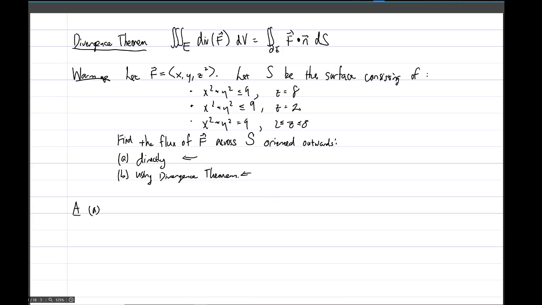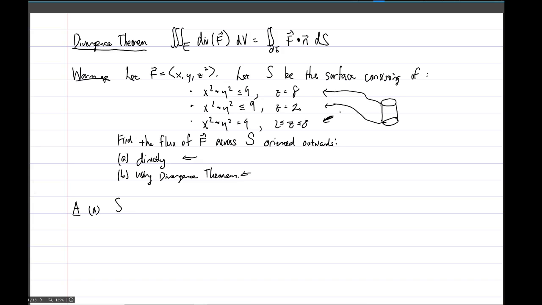For instance, to draw a picture real quick of the three pieces of the surface together, it ends up creating the shape of a cylinder. It's not filled in though, it's a hollow cylinder. So you have the circle on the top, you have the circle on the bottom, and then this last piece describes all the part around. Like if you had a soup can, it'd be the label of the soup can.